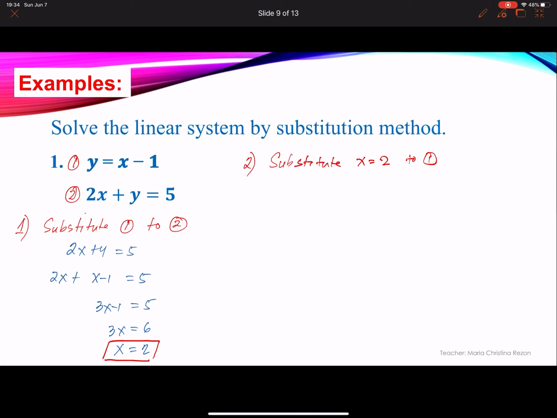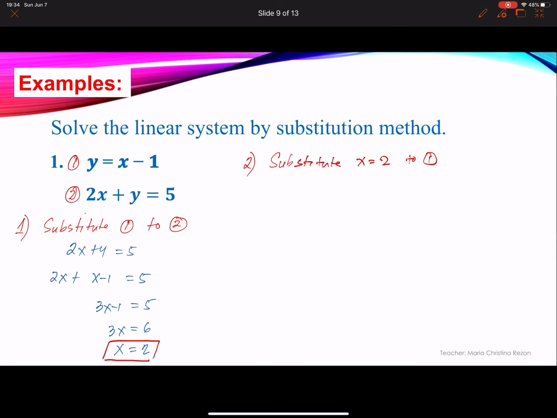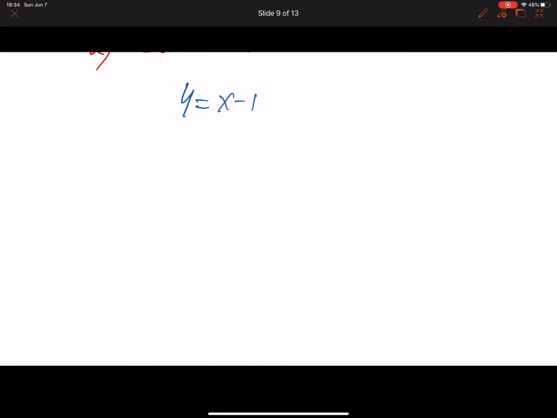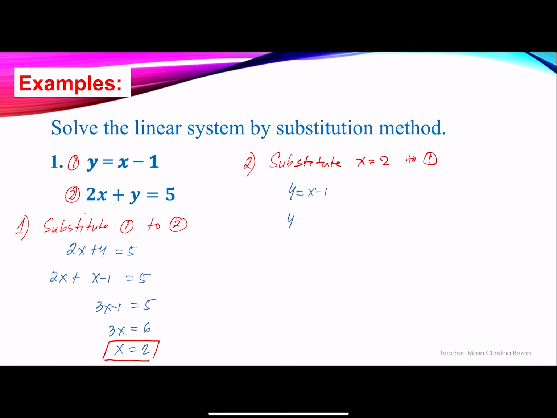So you will have y is equal to x minus 1, and then substitute x is equal to 2. So you have y is equal to 2 minus 1, so that y is equal to 1.